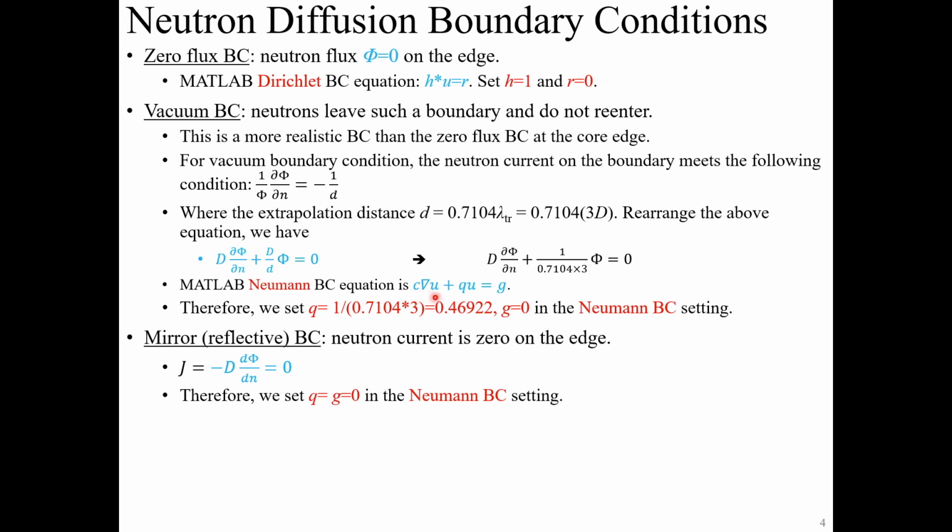Then U is our unknown, which is phi. The q is equal to capital D over lowercase d, so q is equal to 1 over 0.7104 times 3, so it's equal to 0.46922. And g will be equal to 0. So when you are setting the vacuum boundary condition, you just simply choose the Neumann boundary condition type and set q equal to 0.46922 and g equal to 0.